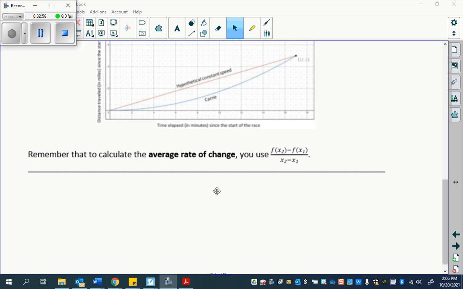What I'd like you to do is think about it in function notation, where if I have the output from my second input minus the output from my first input, then I have that change in my outputs compared to the change in my inputs.